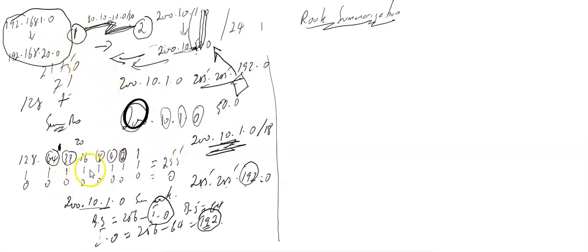So the next available block size is what? 32. So I'll be using BS equals 32. So I'm looking for what now? IO. My IO will be what? 256 minus 32. That gives you what? 224.